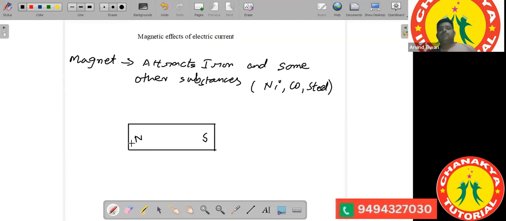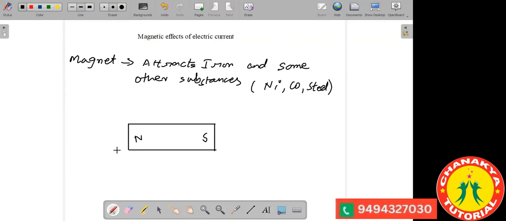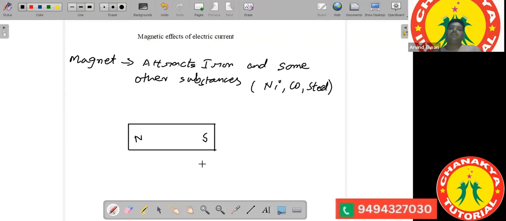So which pole do we call the north pole and which the south pole? Can we call any pole the north pole? No, sir. The opposite ones we call north and south. On what basis do we call them north pole and south pole?